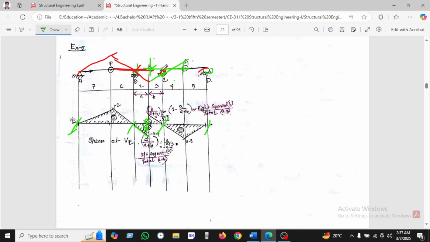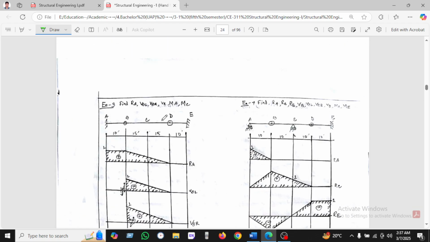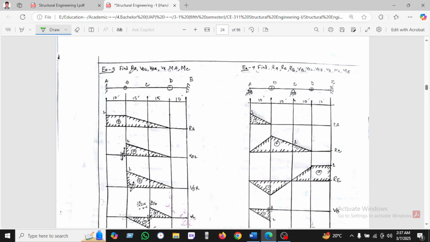So this segment will behave like this, and it will be like that. So this portion behaves like this. So you have to think that where there is a support, then that point will be 0.